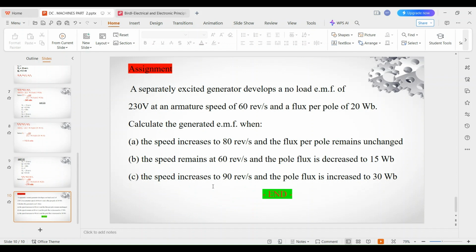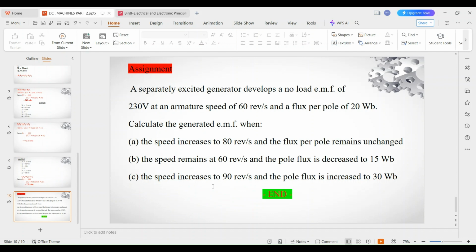Calculate the generated EMF when the speed increases to 80 revolutions per second, and the flux per pole remains unchanged. Part B, the speed remains 60 revolutions per second and the flux per pole is decreased to 15 Webers. And part C, which is the last part, the speed increases to 90 revolutions per second and the pole flux is increased to 30 Webers.